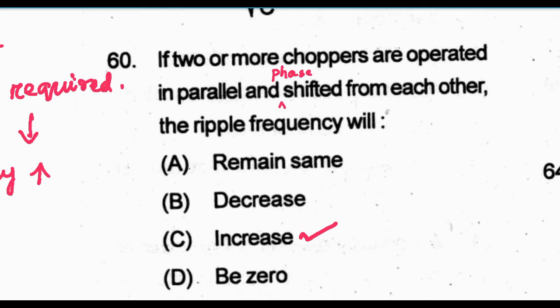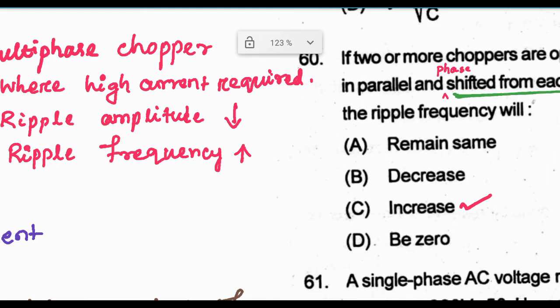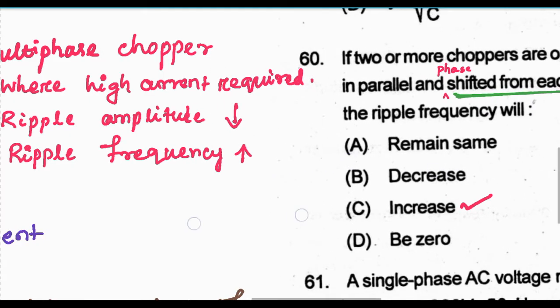That means two or more choppers are connected in parallel to operate, so that it can provide higher current than a single one. Next, it is given that shifted from each other. This is actually phase shifted from each other. The question is how the ripple frequency of the output is affected by the phase shifting.